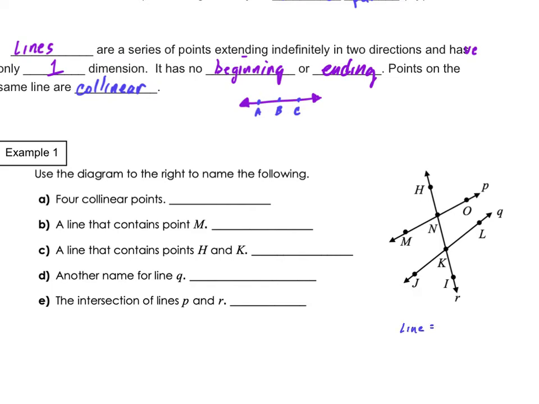A line would be named by, for example, this one right here. We could say that that is line R, or we could also say that it is line NK, because we need to use 2 points on a line in order to name it.